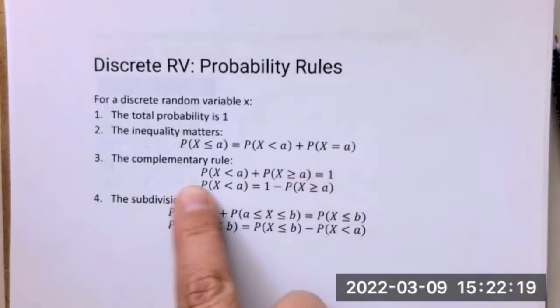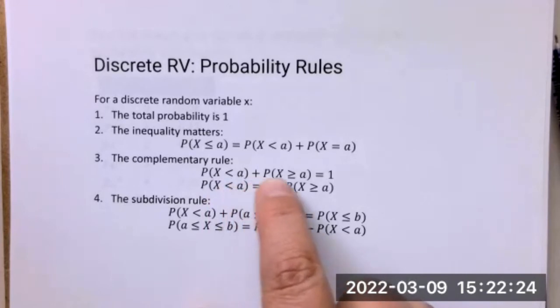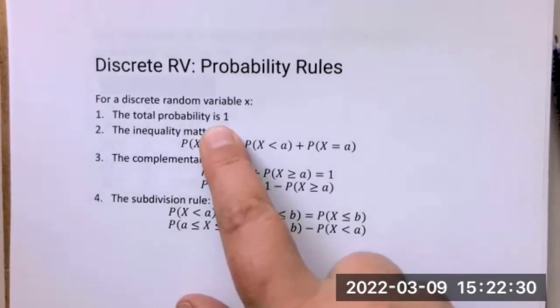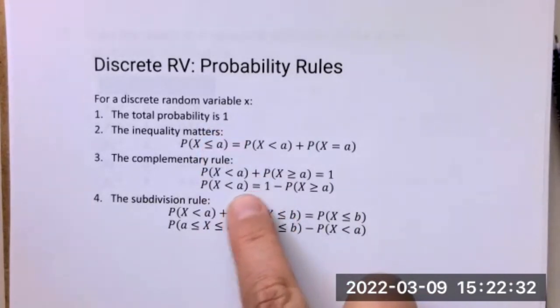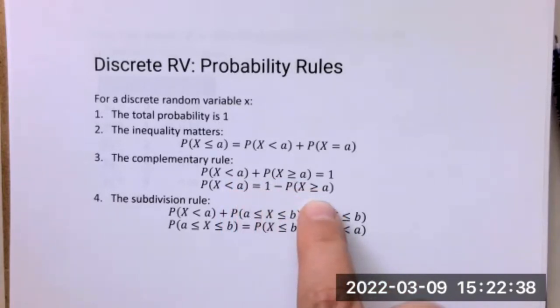The complementary rule: the probability that x is less than a and greater than or equal to a should add up to 1. It's actually a derivative of rule number 1. Of course, if we subtract this on both sides, we're going to get this rule.